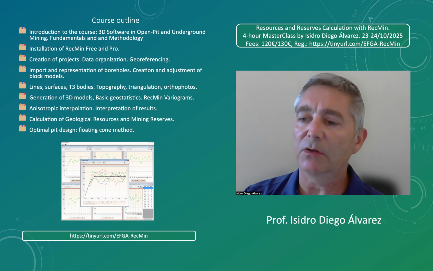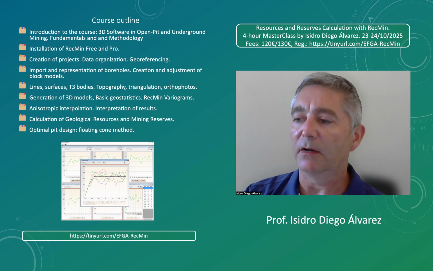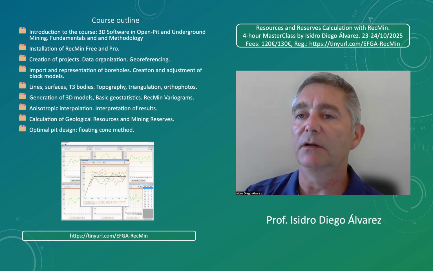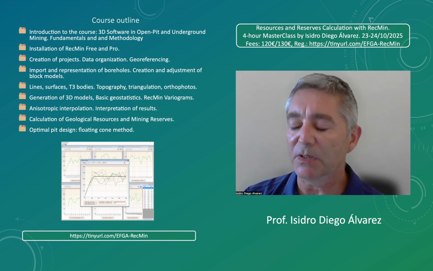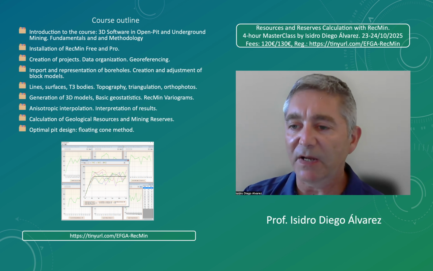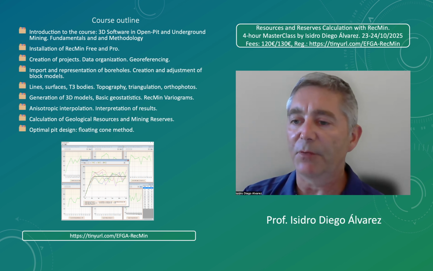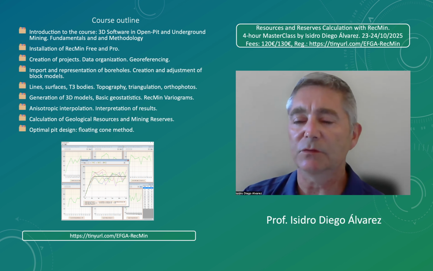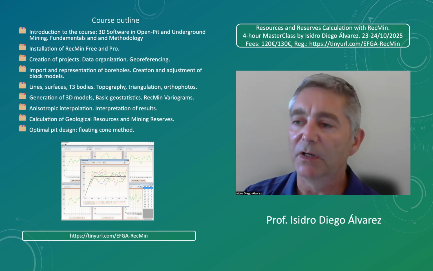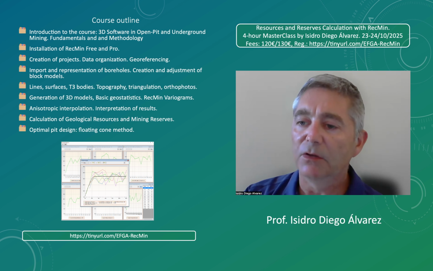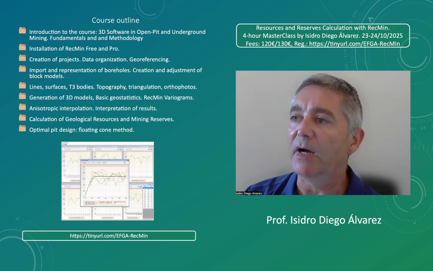From the variogram, we are going to develop the interpolations to be used to define the deposit. Then we are going to design the three-dimensional veins, the three-dimensional shapes that will define these deposits. And from there, an optimization method will be used. We will just cover the floating cone method in order to define the reserves of the mine.